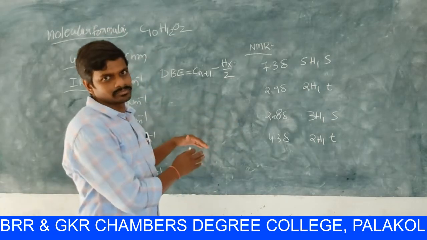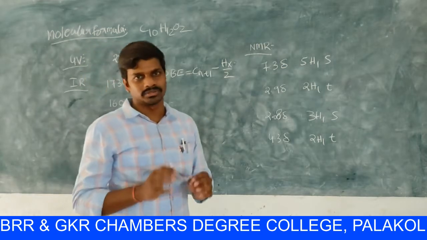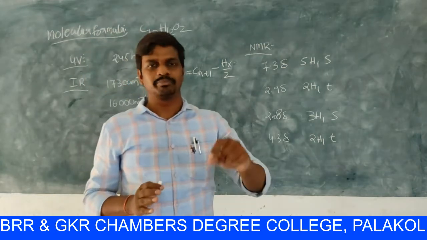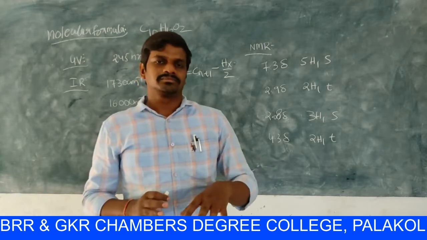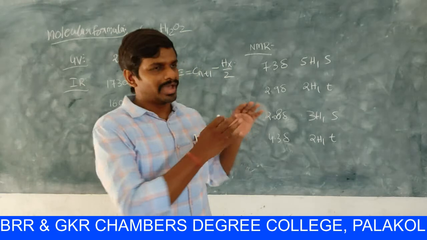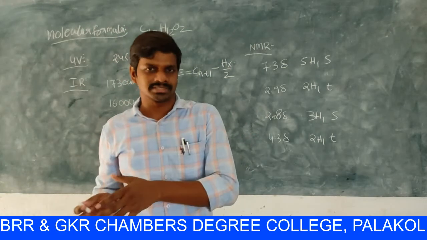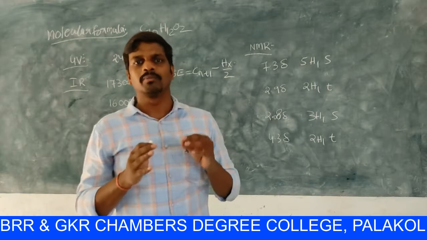This is the double bond equivalence, not the number of double bonds. Here the cyclic system is also considered as a double bond equivalence. So that value represents the number of double bond equivalences, but not the exact number of double bonds.